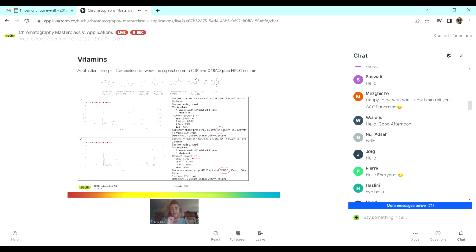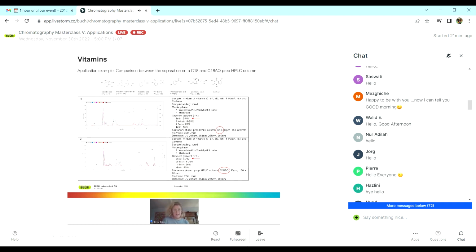He went from 3 to 7% methanol. And because he could start with higher water concentration, he could go with a more flat gradient in the second run. If you look at the first peaks, you see on the top 2 peaks, and on the bottom you see 3 peaks. So you have a better separation working with C18AQ, because you can go with a more flat gradient and you can start with higher water concentration.